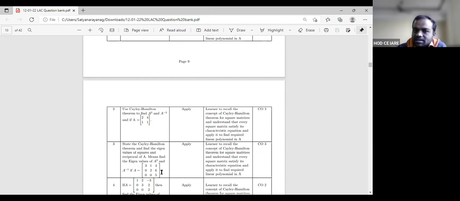Their means, find the means of the eigenvalues of a square and a inverse అంటే average find out చేయమని చెప్తున్నారు. So to find the average of these 6 values, a square and reciprocals of eigenvalues.